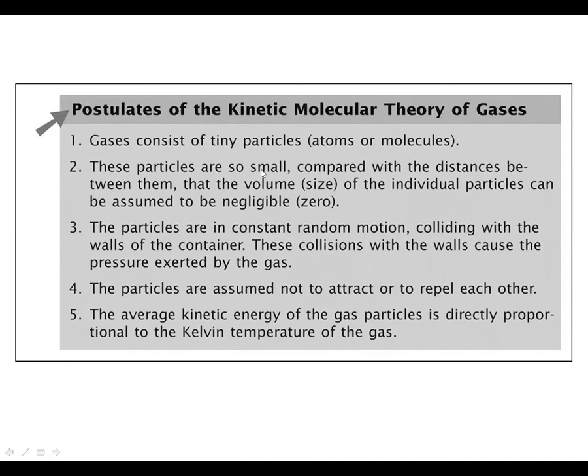Number two, the particles are small compared to the distances between them. So we assume that the volume of the gas is zero. This is one thing that makes something an ideal gas. If you look back at a lot of the examples that we did, a lot of times we don't talk about the volume of the gas itself.